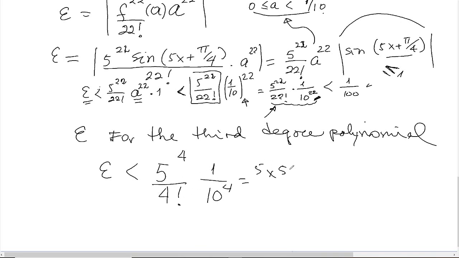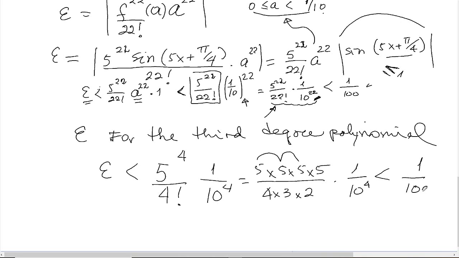Pi times pi times pi times pi over 4 times 3 times 2 times 1, times 10 to the 4, and you get here something like, see, this is 25, 125, right? It wants us to show that it is less than 1 over 100. Then it is easier to show with a calculator, but I'm trying to do it by hand, you know.